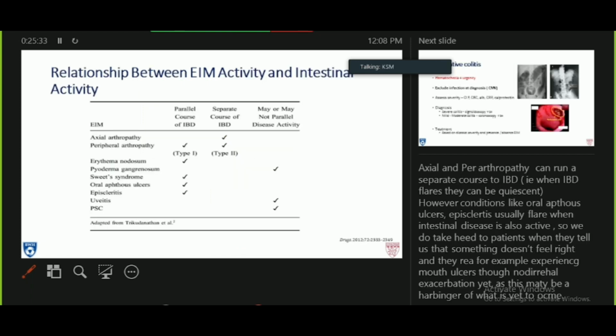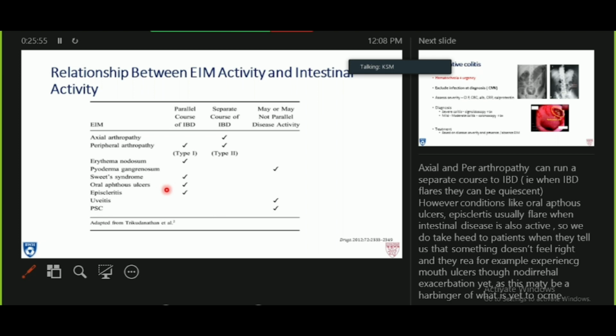And for many of these patients, there are certain extraintestinal manifestations that actually can mimic or parallel what's going on inside their colon. So, for example, if you have episcleritis or oral aphthous ulcers, then it may be that the intestinal lumen is also starting to get more inflamed.